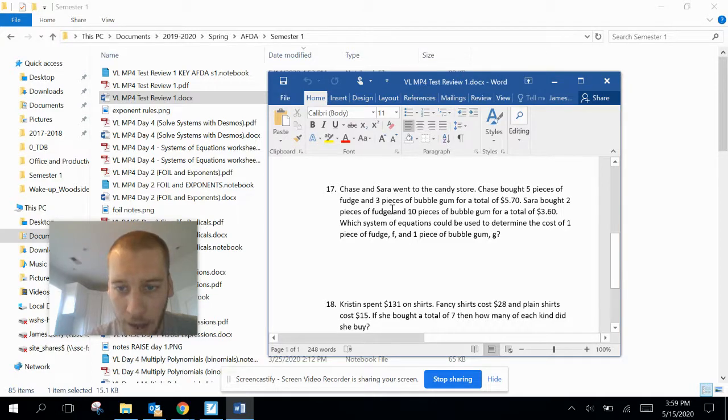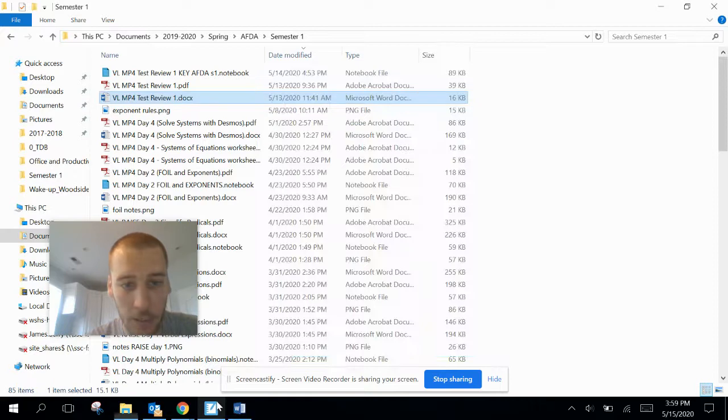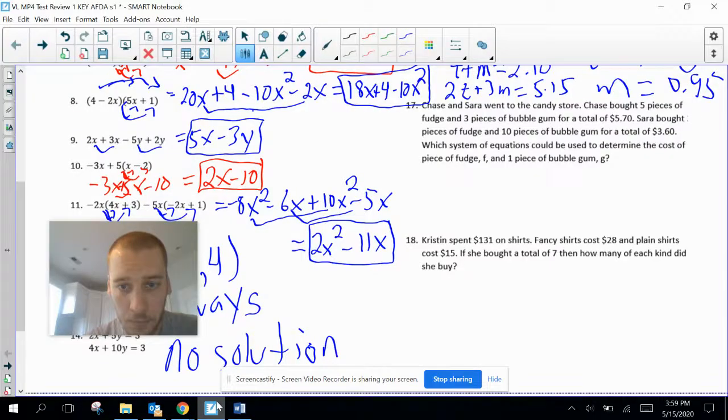So we got 5 and 3 is 570, and 2 and 10 is 360. We're going to set up two equations, see where they intersect.